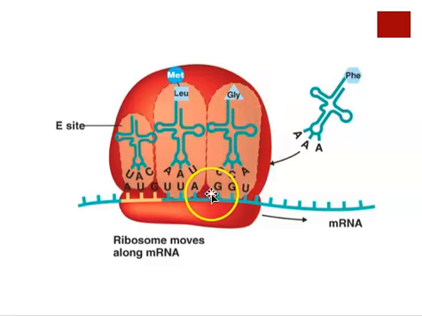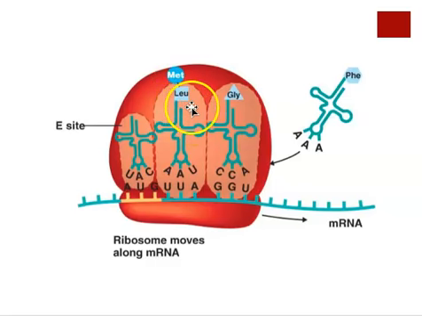So the new codon is GGU, and that matches an anticodon of CCA, and that tRNA is bringing in a glycine. Whatever's in the P site will be joined to whatever's in the A site. So this glycine will be added on to this growing chain of amino acids.